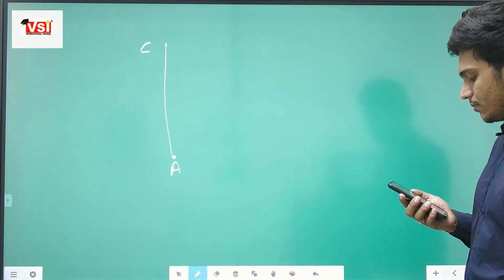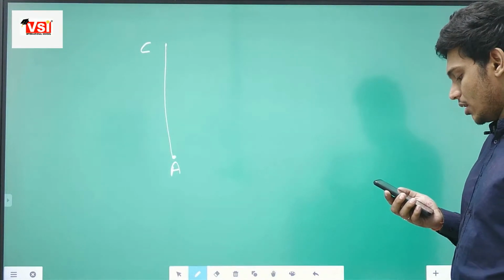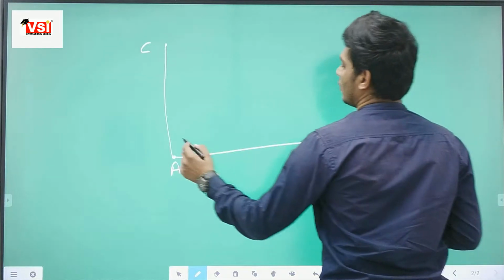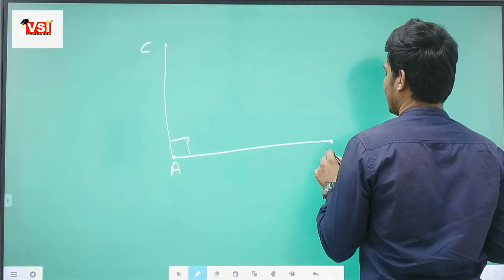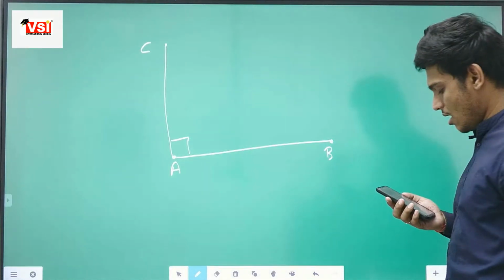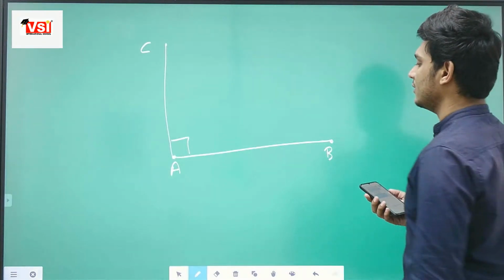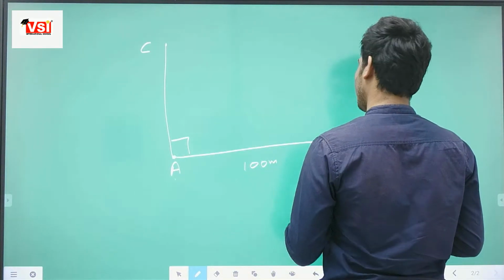He then walks perpendicular to AC up to B. He walks perpendicular to AC till he reaches the point B, and the distance between B and A is given as 100 meter.